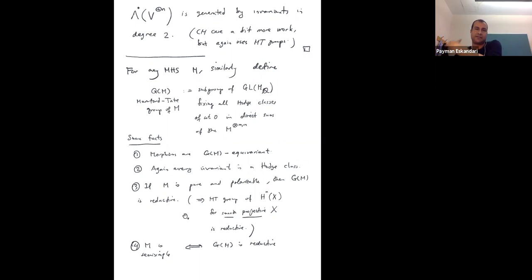This is why Mumford-Tate groups of smooth projective varieties are reductive. More generally, M is a semi-simple object if and only if its Mumford-Tate group is reductive. Now, this talk is really not about semi-simple mixed Hodge structures. It's about the ones that are truly mixed, whose Mumford-Tate group is not reductive.